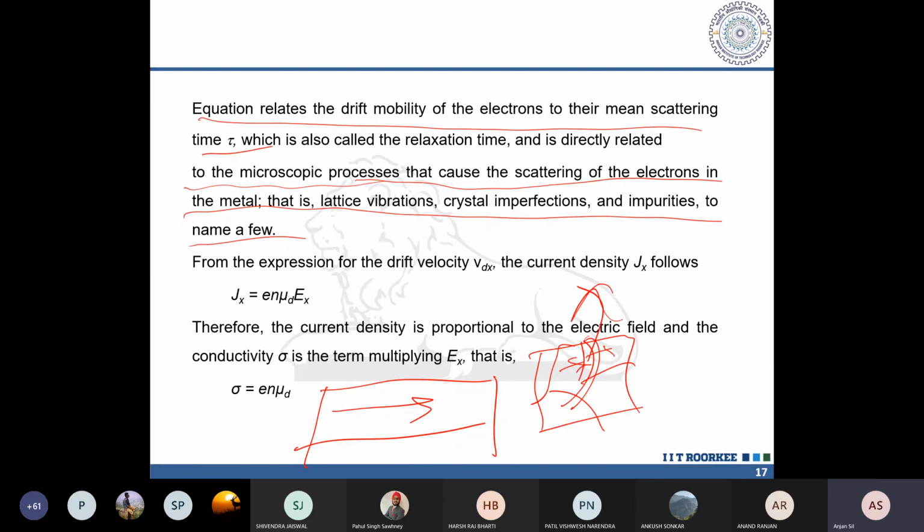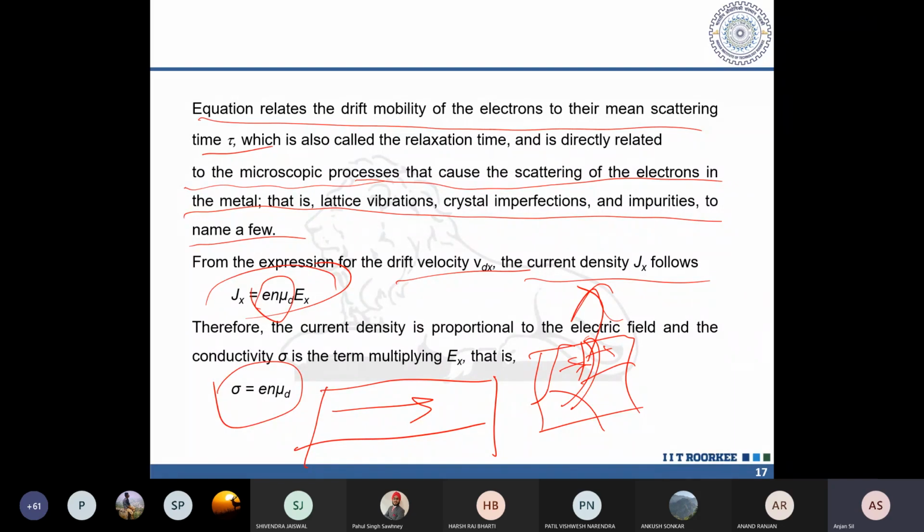From the expression of the drift velocity and the current density, you can relate this in terms of drift velocity. You get an expression, and this term is called sigma, which is nothing but conductivity.